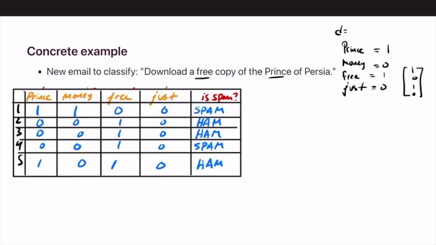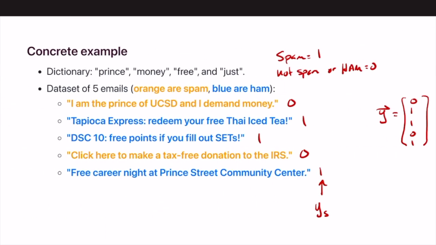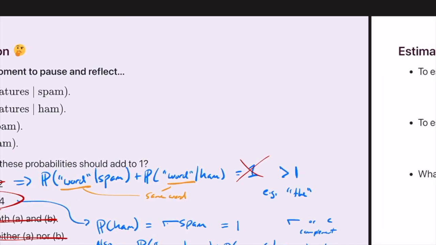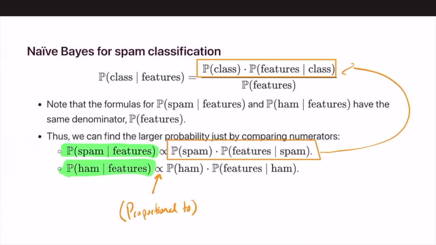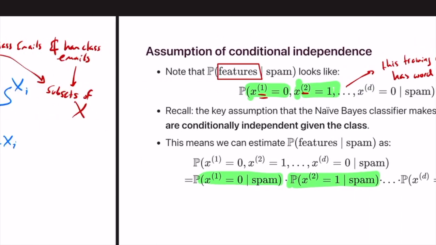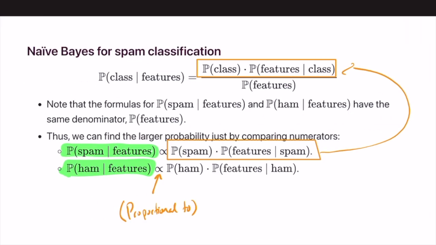Okay, so the first thing we need to do is to think about what it is that we're actually trying to predict, and think back to this slide right here, particularly these guys.